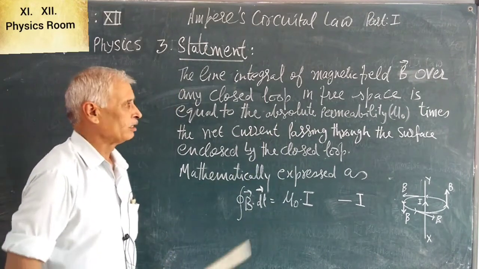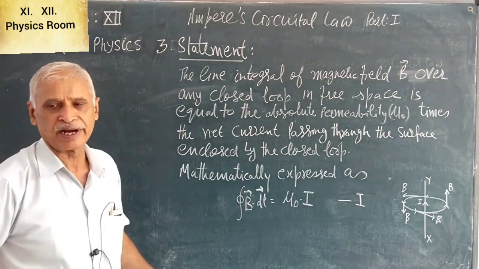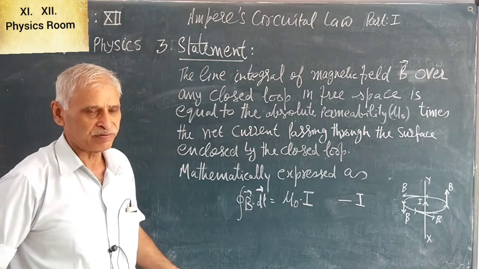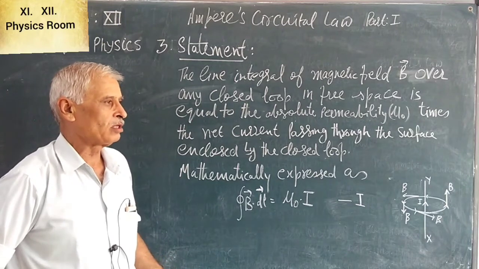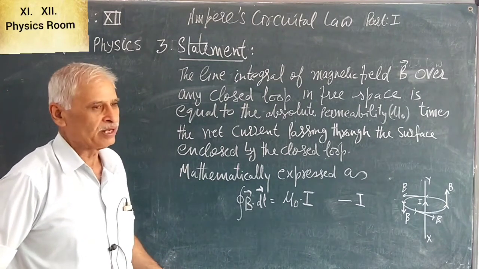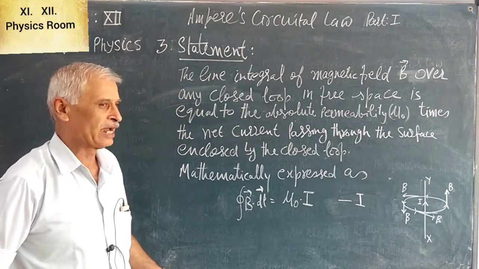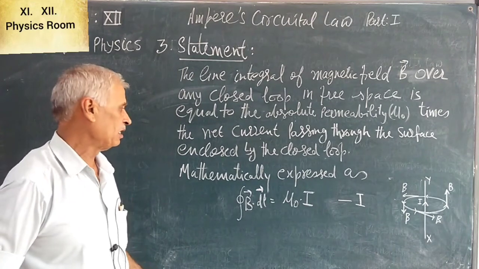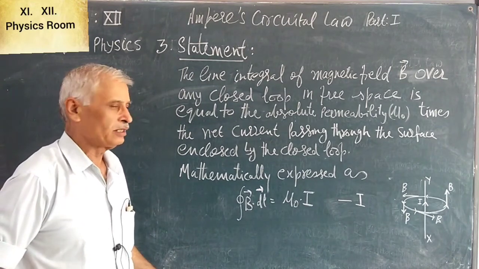I repeat, the line integral of magnetic field over any closed loop in free space is equal to the absolute permeability mu0 times the net current passing through the surface enclosed by the closed loop.